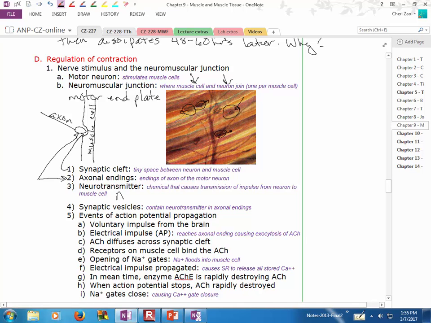And the neurotransmitter at neuromuscular junctions is called acetylcholine. A-C-E-T-Y-L-C-H-O-L-I-N-E. Forget the esterase part. That's coming up.